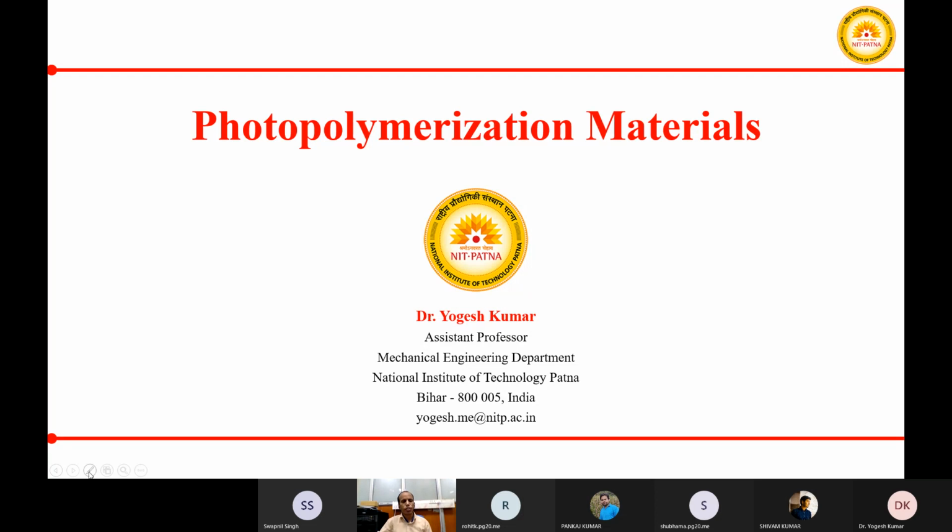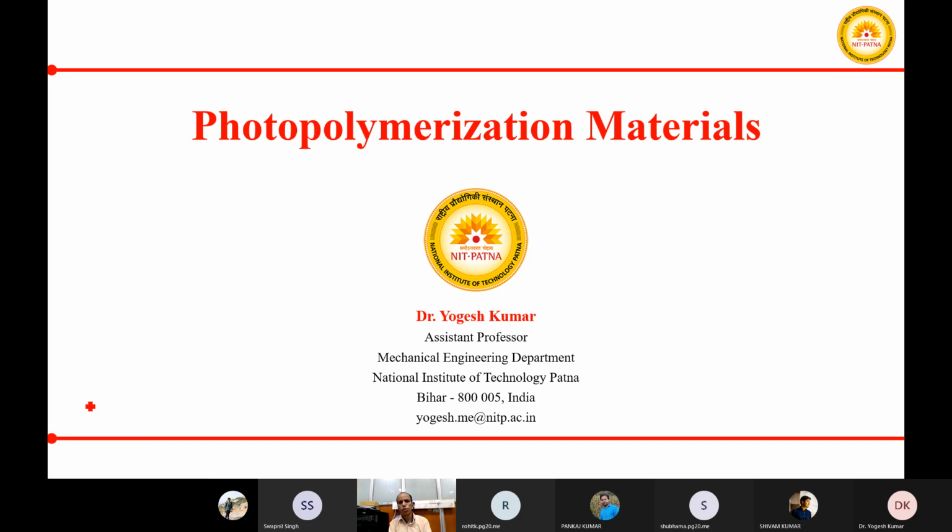We were continuing our discussion on stereolithography, that is a wet polymerization technique of rapid prototyping. In the last lecture I told that we will continue our discussion on materials which are used in stereolithography techniques.